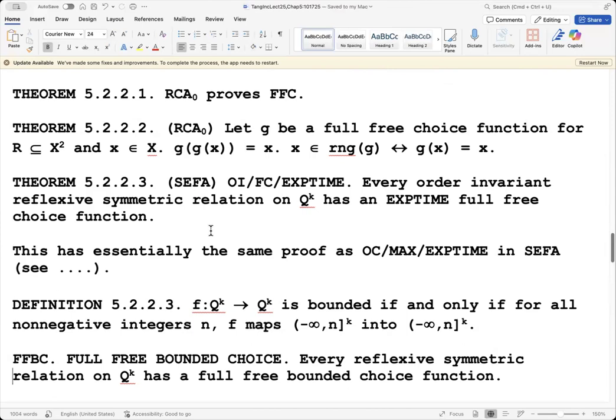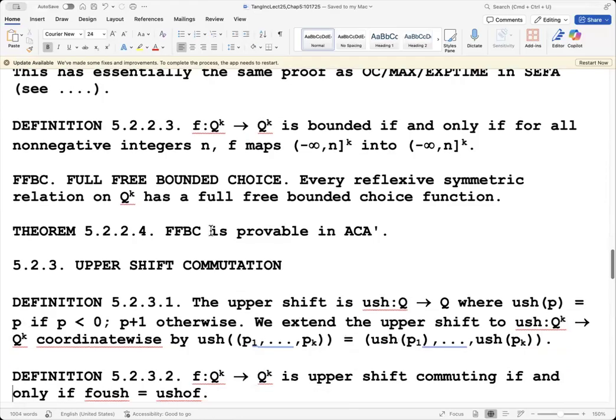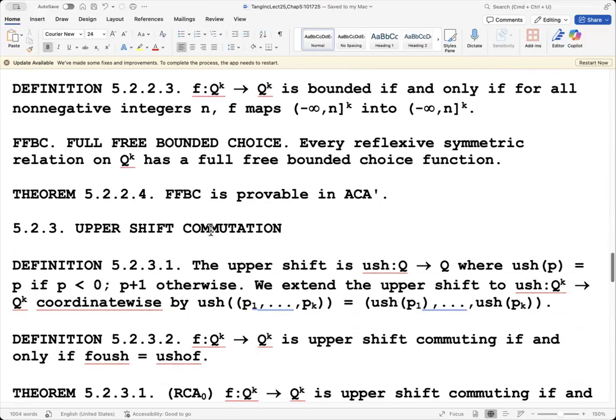Okay, now here's the notion of bounded I want to use that comes up. This is the important notion that for all non-negative integers n, f maps minus infinity to n into minus infinity to n.